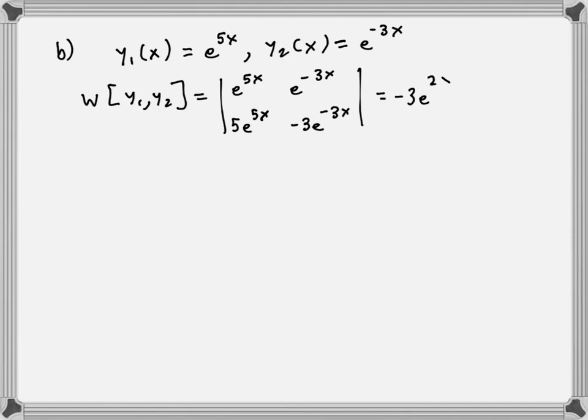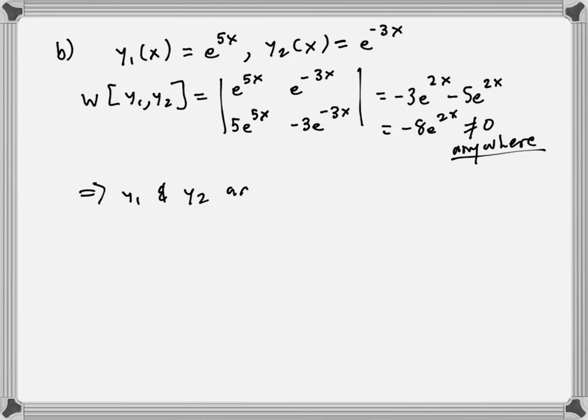Negative 3 e to the 2x, because 5x minus 3x is 2x, minus 5 e to the 2x, which is minus 8 e to the 2x. And of course, this is not 0 anywhere, or everywhere, depending on how you want to word it. So what does this mean? This means that the functions y1 and y2 are linearly independent.